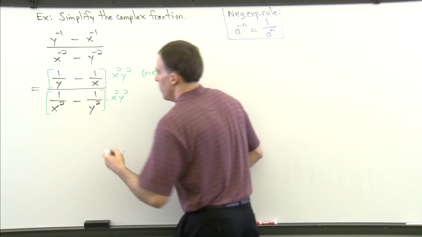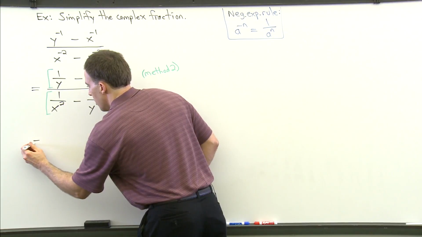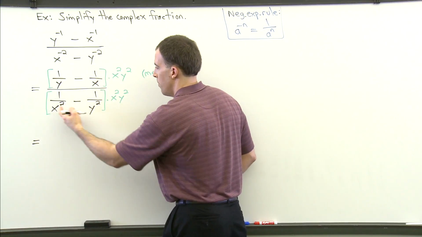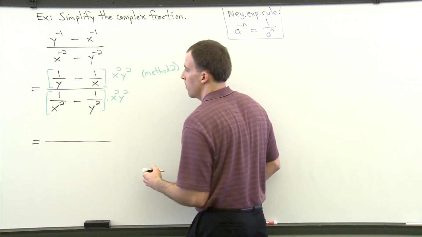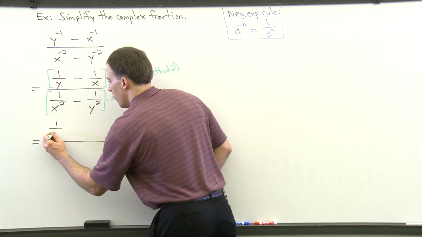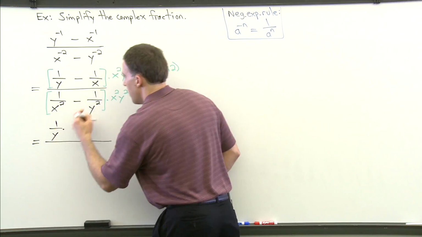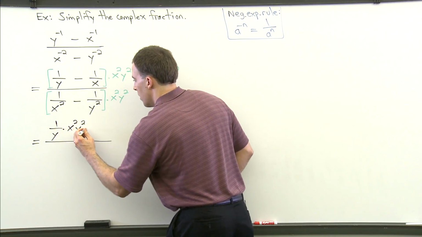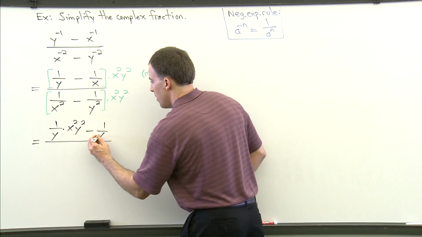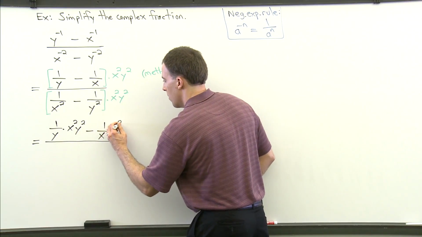So to go from there, we need to distribute the x squared, y squared to both terms in the numerator and to both terms in the denominator. You can multiply it in your mind. That's fantastic. I'm going to show the step here. So we've got 1 over y. We need to multiply that by x squared, y squared. And then minus 1 over x. We need to multiply that also by x squared, y squared.